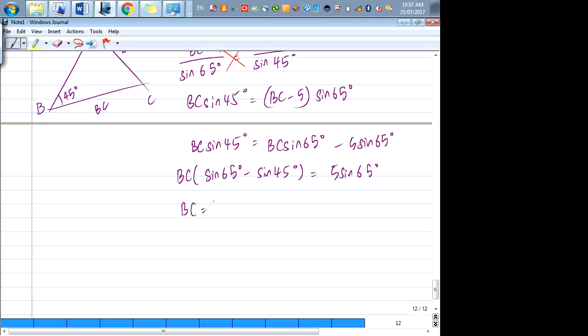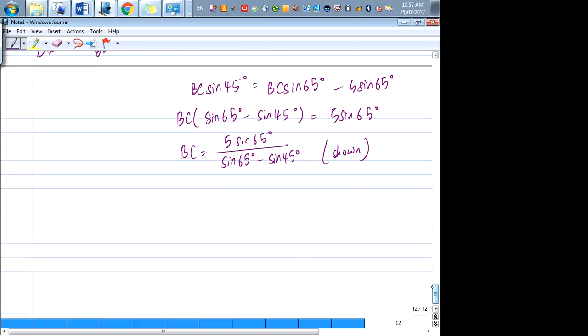BC will then be 5 sine 65 degrees over sine 65 degrees minus sine 45 degrees. Then part 2 is just pressing your calculator. Since you have all these values already, they are all numbers, you can just punch them in. You get 22.748, which is approximately 22.7 cm.